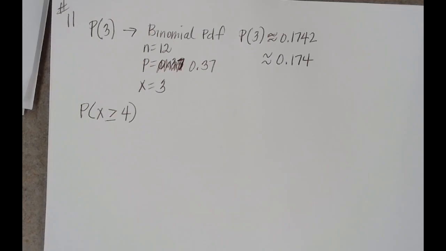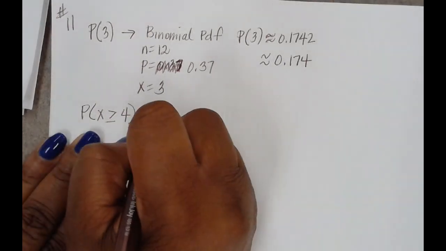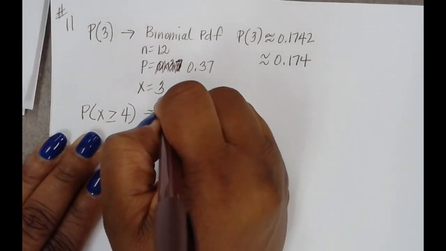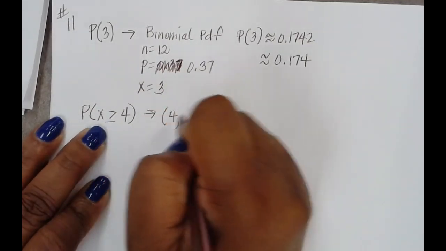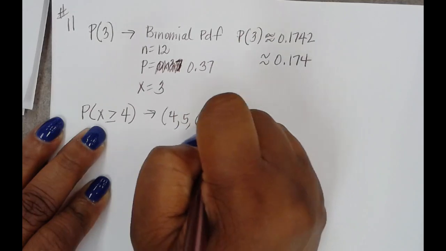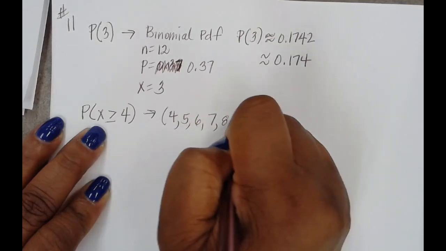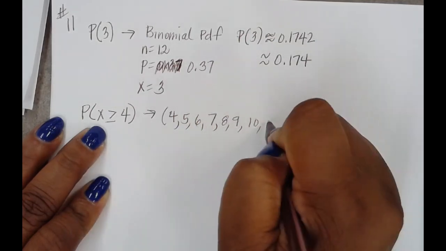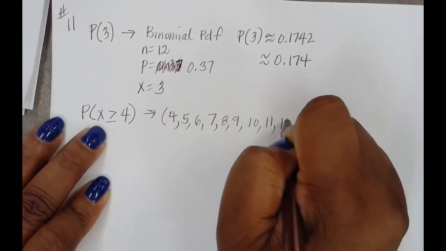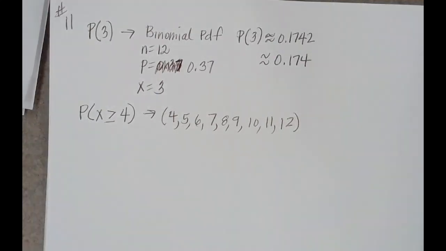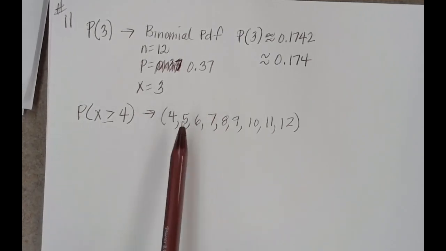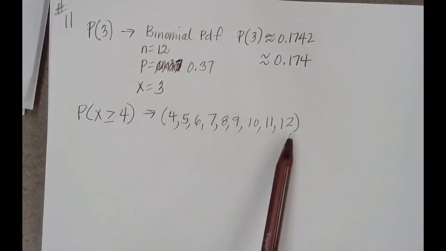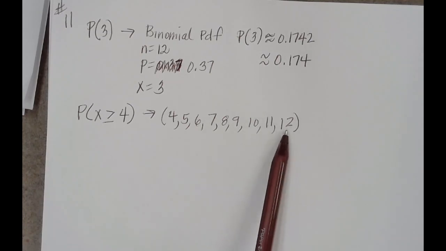What are we talking about? x can be 5, 6, 7, 8, 9, 10, 11, and 12. Remember, you have an option. You can go in and find exactly P of 5, 6, and so forth up to 12, and then add those up.